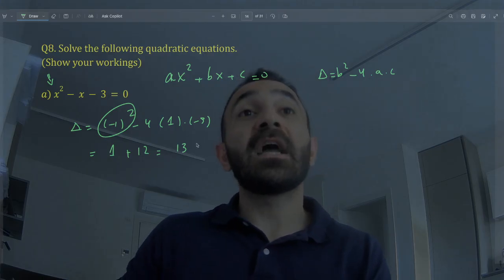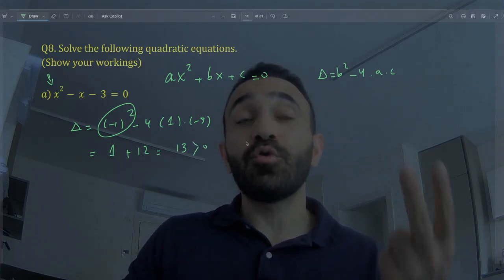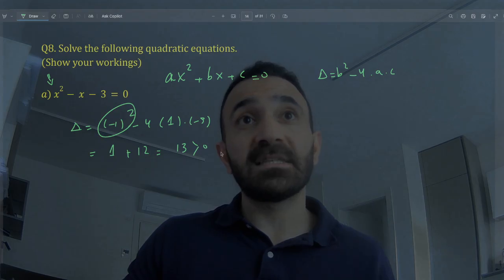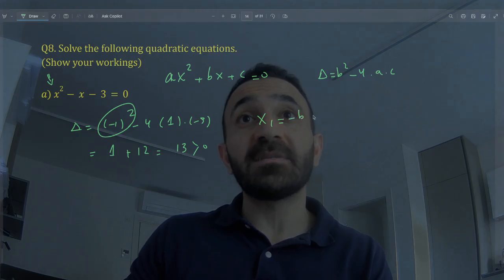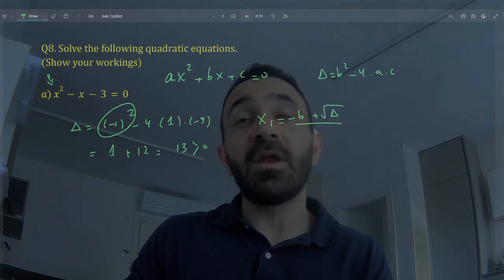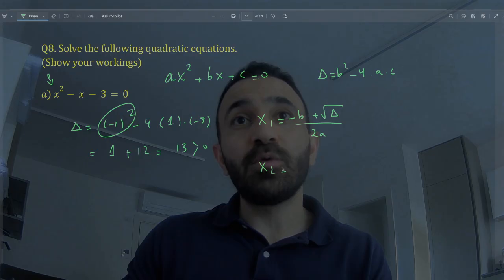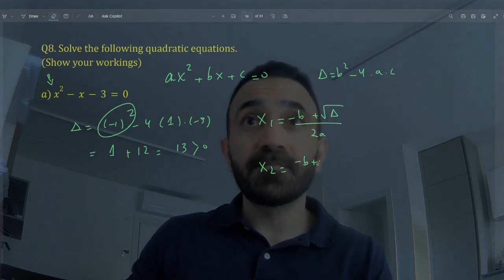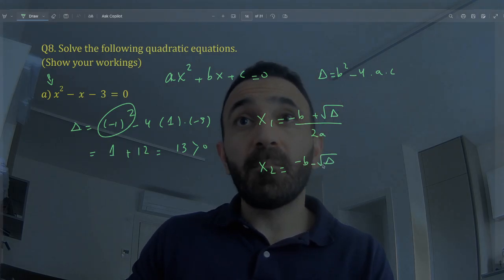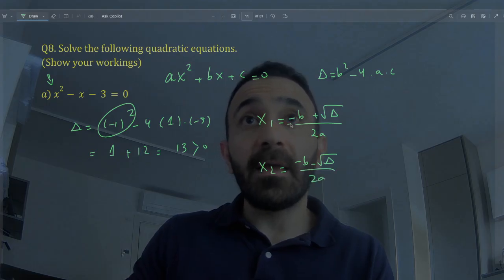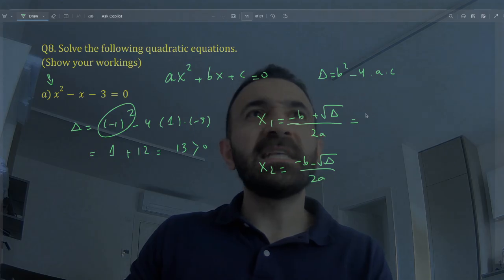Okay, delta is positive, so it means you have two distinct roots. What are the formulas? x1 equals minus b plus square root of delta divided by 2a, and x2 equals minus b minus square root of delta divided by 2a. So minus b, what is your b?